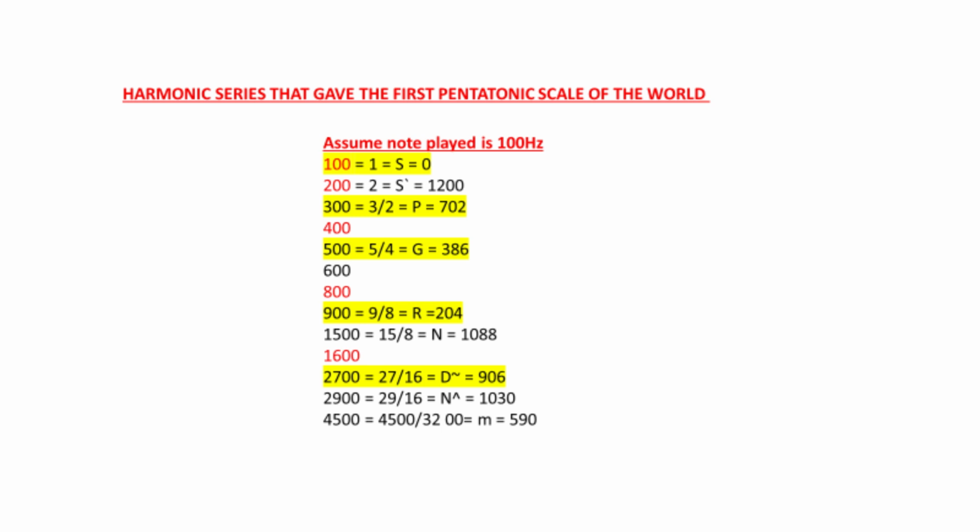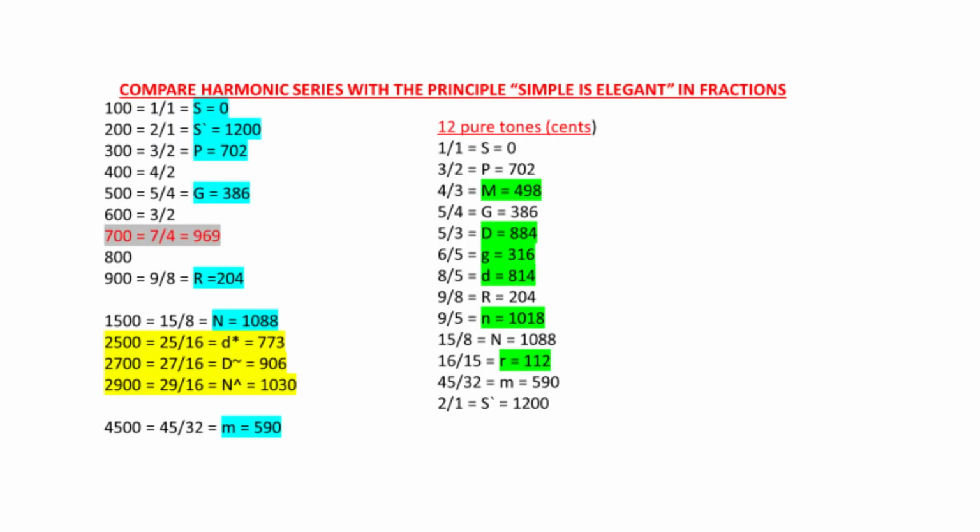Whereas you should by now know that Dha is not a pure tone, it's a pi tone. The pure tone major sixth ratio is 5 by 3, which gives 884 cents, whereas the pi tone Dha, the pi tone major sixth, is 906 cents, and the ratio is 27 by 16.